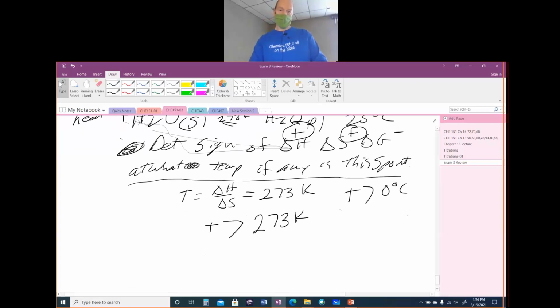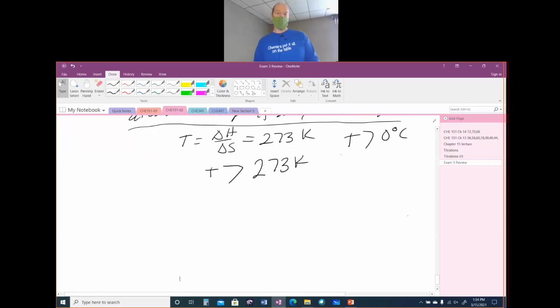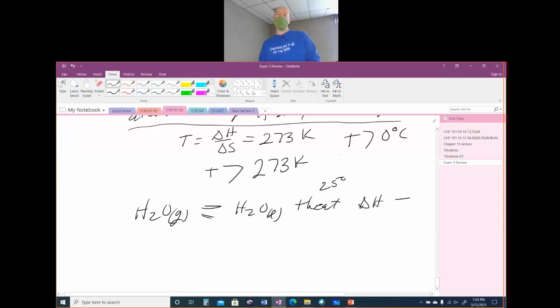All right, we could take another, basically the exact same thing, and I can take H2O gas and go to H2O liquid. All right, so in this case, you see you have to always heat the liquid to make it a gas, so going from gas to liquid, delta H is negative. We are at 25 degrees Celsius. So delta S, we have a gas all over the place going to a liquid. We're going to less disorder. And so now we see we have both negatives.